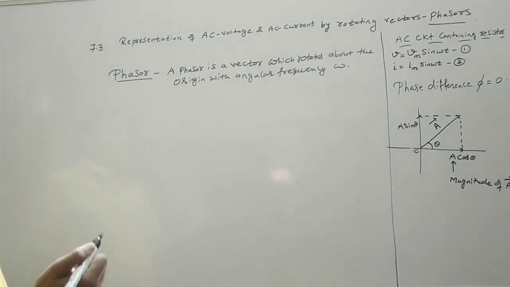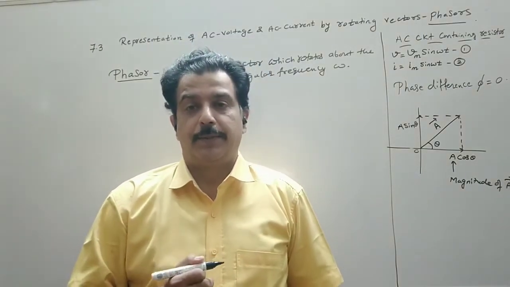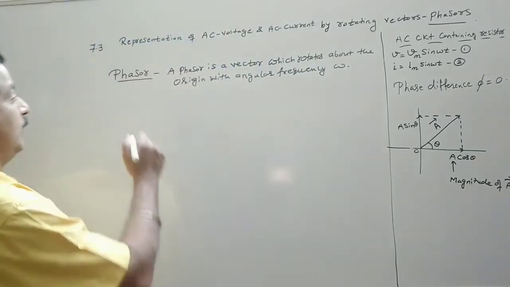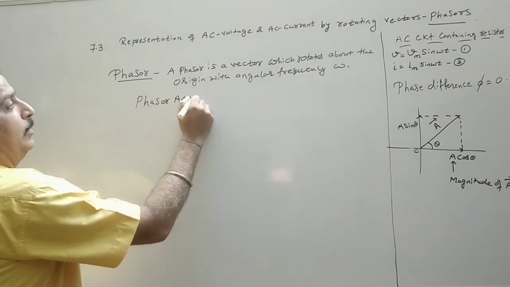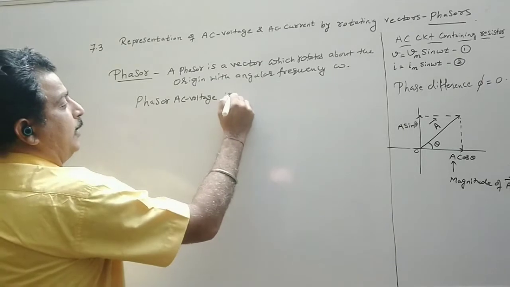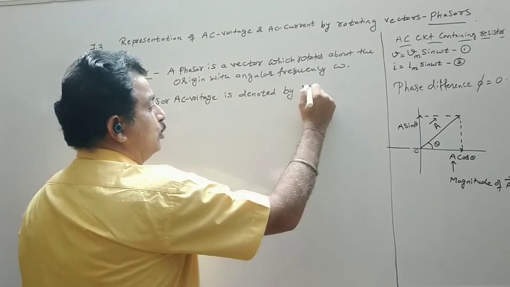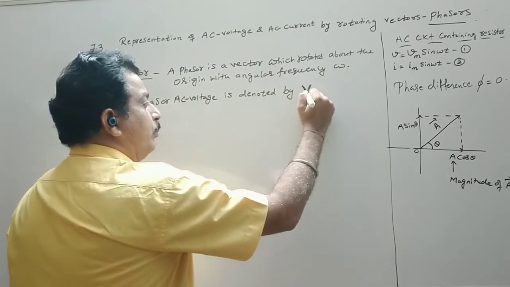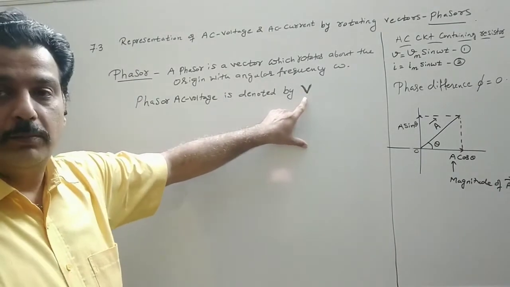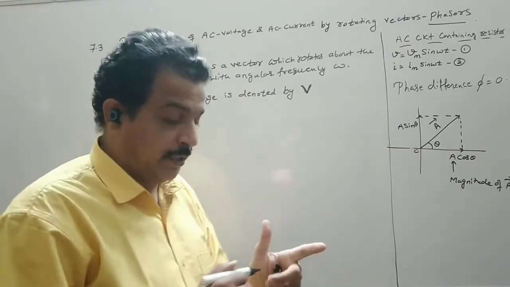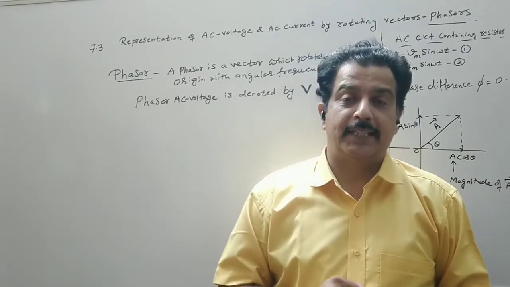Phasor diagram. The phasor diagram will be helpful to understand the phase difference between the AC voltage and the AC current. The phasor of AC voltage is denoted by capital V. Here we write V a little bit bold, because in the last lecture we saw that capital V and capital I in this chapter also represent the RMS value.